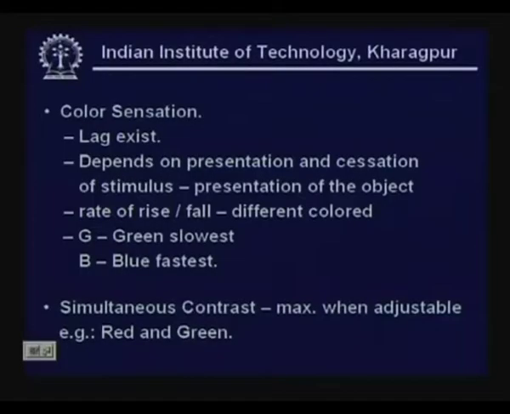And sensation wise, the eyes are able to sense blue the fastest because of the smaller wavelength, and green the slowest. Simultaneous contrast is maximum when the colors are away in the spectrum. If they are close by, it is difficult.